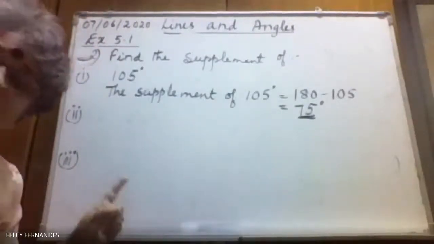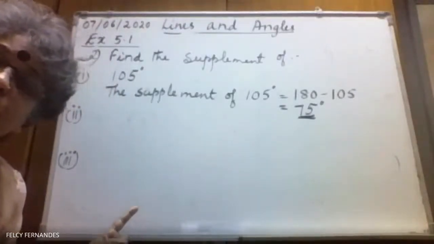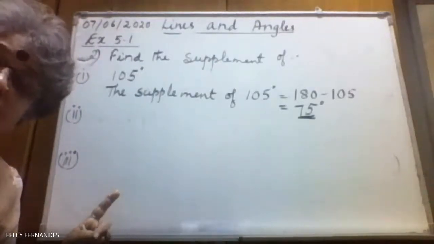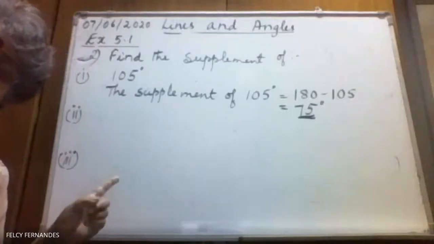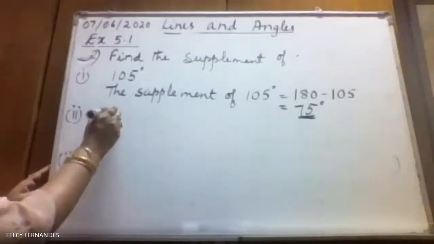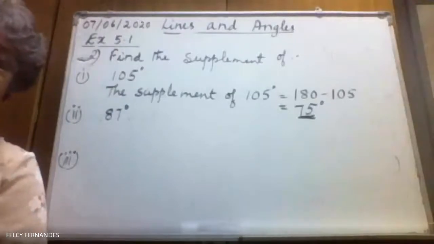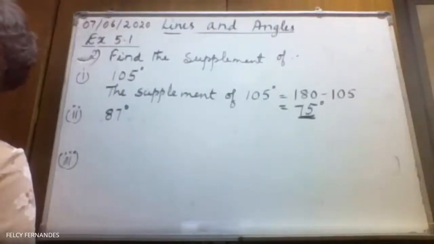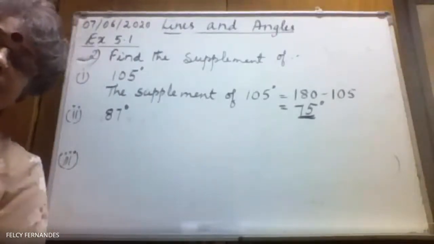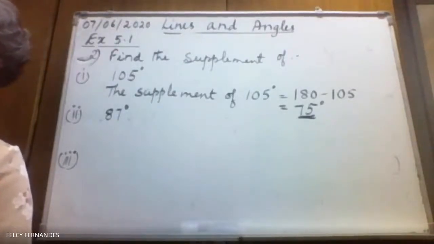Now, the same way you are supposed to do two more questions. I'll give you. Find the supplement. Please stop writing, children. Find the supplement of 87 degrees. Find out the answer. Subtract.